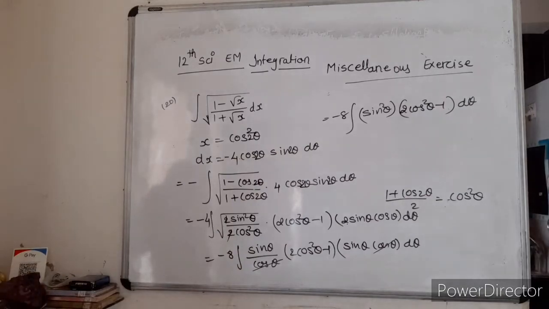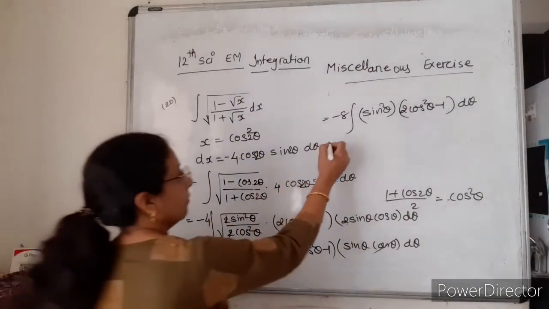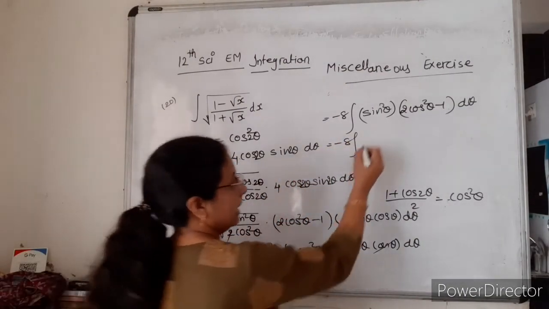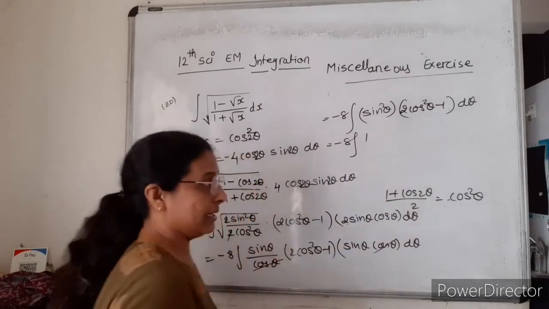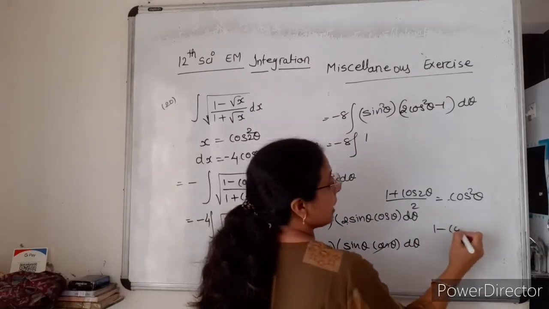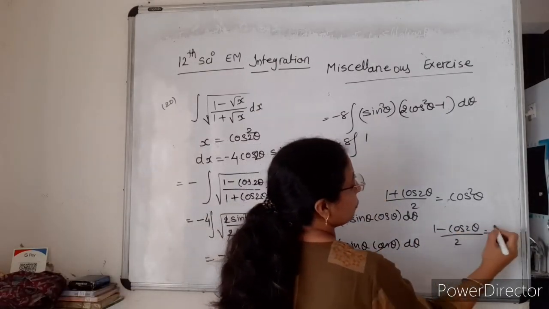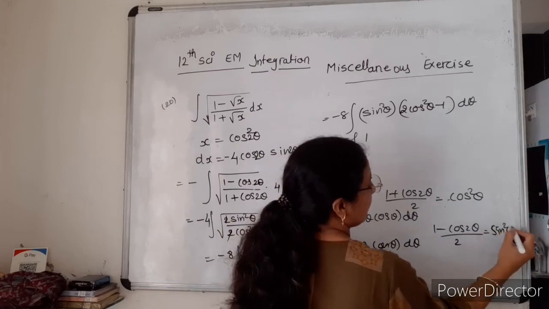Right? So here what happened now? It is minus 8 sin square theta. So here 1 minus cos 2 theta by 2 is sin square theta.